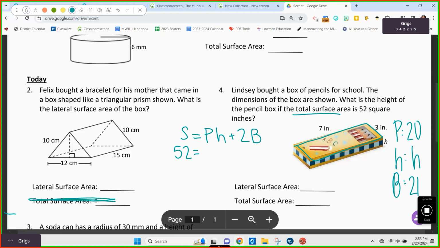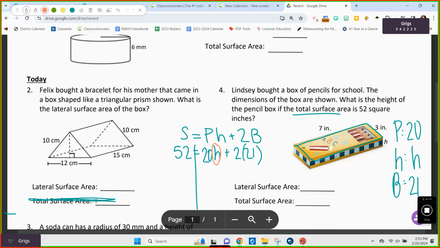Alright, can I plug in the variables I know? Yes. So my perimeter was 20. 20 times height plus 2 times my base of 21. Yep. Alright, so essentially what I'm doing here is solving for h.